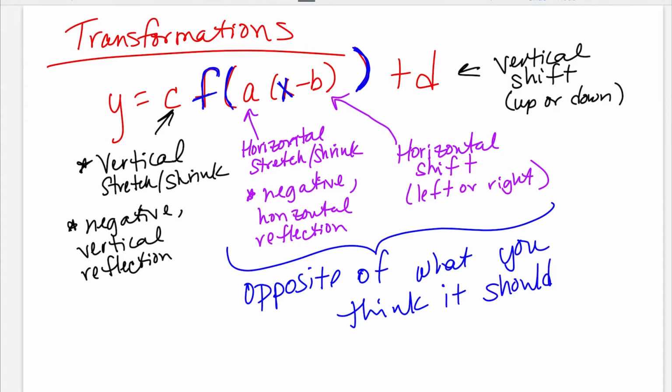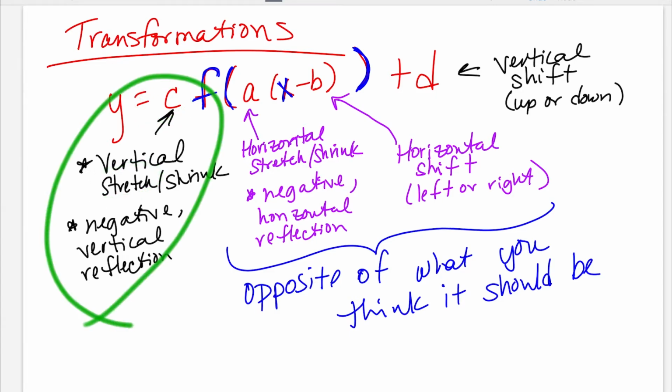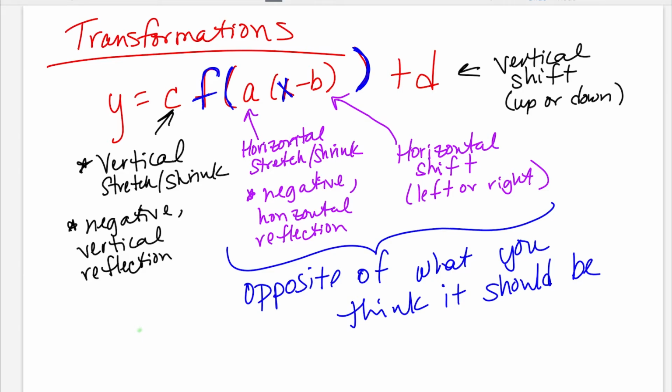Let me write that. When I have a big number here, you think, oh, a big number means stretch it out, make it bigger. Nope. A big number is a shrink. A big number out here is a stretch. Vertical is exactly what you think it's going to be. What you intuitively feel like is going to happen, that's vertical.